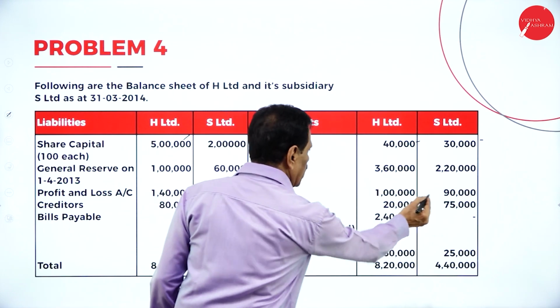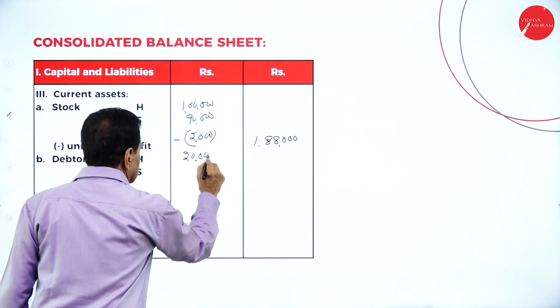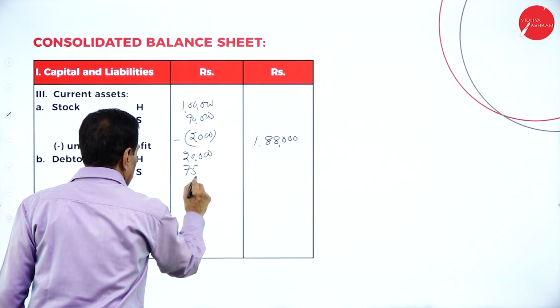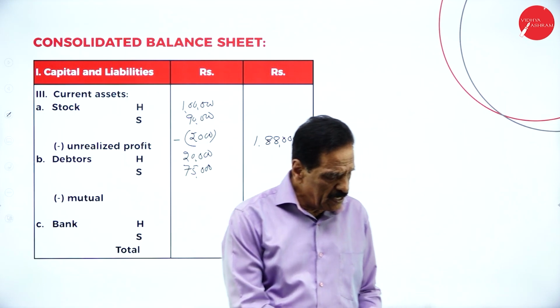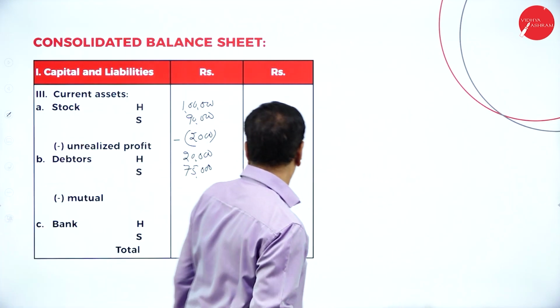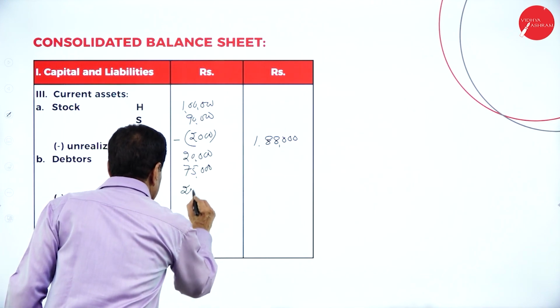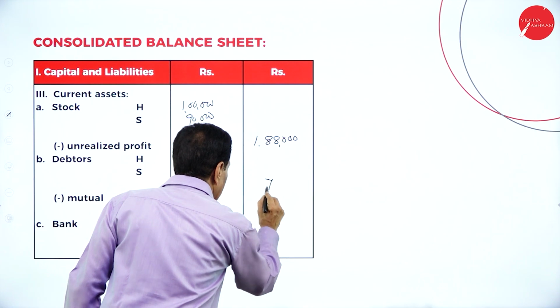Then debtors: 20,000 plus 75,000, minus mutual 20,000 gone. So it is 75,000.